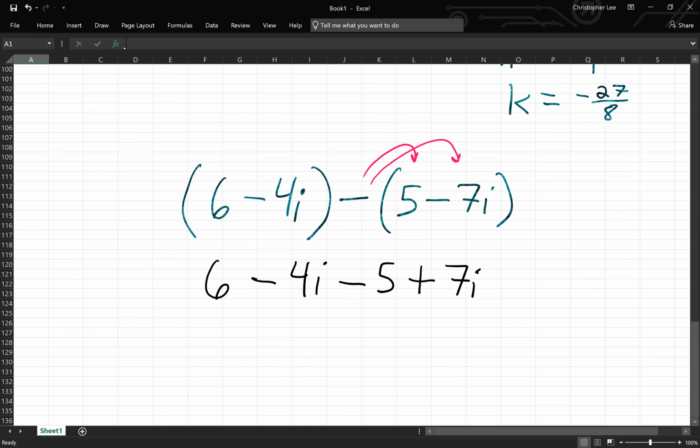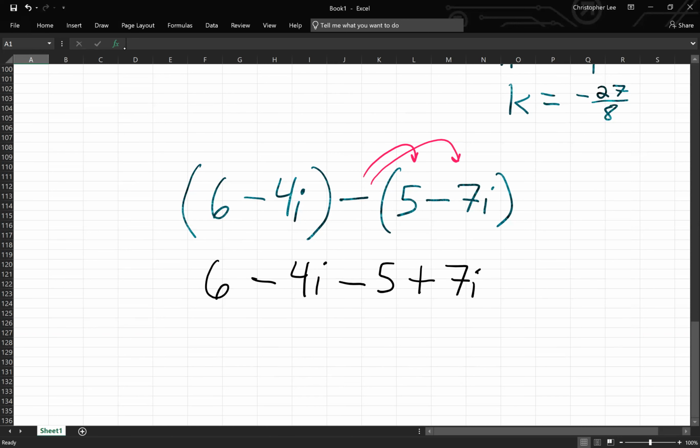Now my issue with this question is that my a term needs to be 1. So to make the 4 into a 1, I'm going to divide this by 4. But not just that part, I have to divide everything by 4. I'm sorry, hold on, I have a pop-up real quick. Okay, I'm good to go.